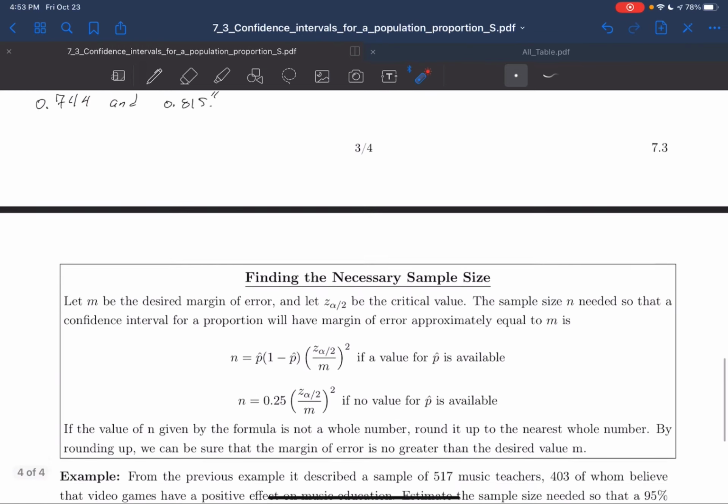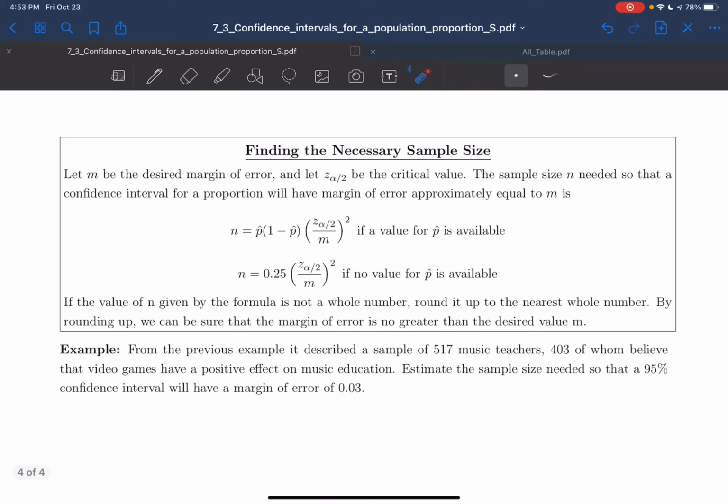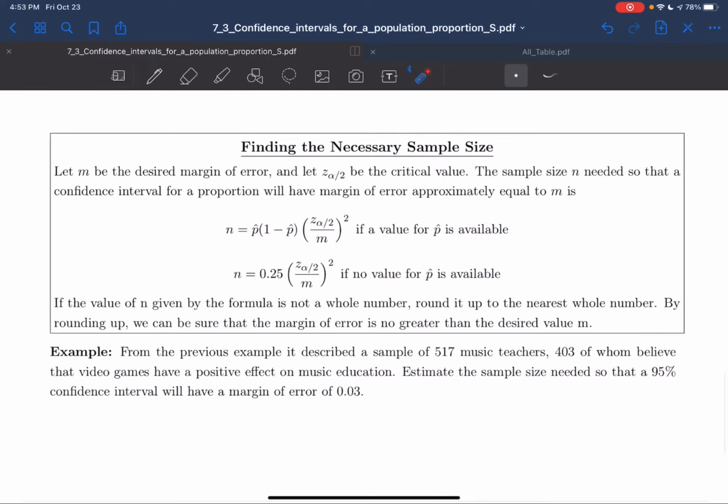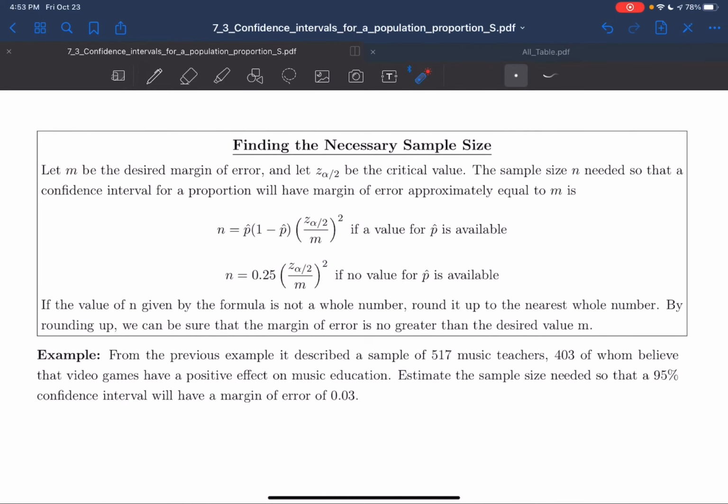The last thing I want to talk about is that we're able to estimate or compute the sample size that's needed in order for a study to have a certain margin of error. So for example, let m be the desired margin of error, and let z of alpha over 2 be the critical value. The sample size n needed so that the confidence interval for a proportion will have a margin of error equal to m is given by these formulas.